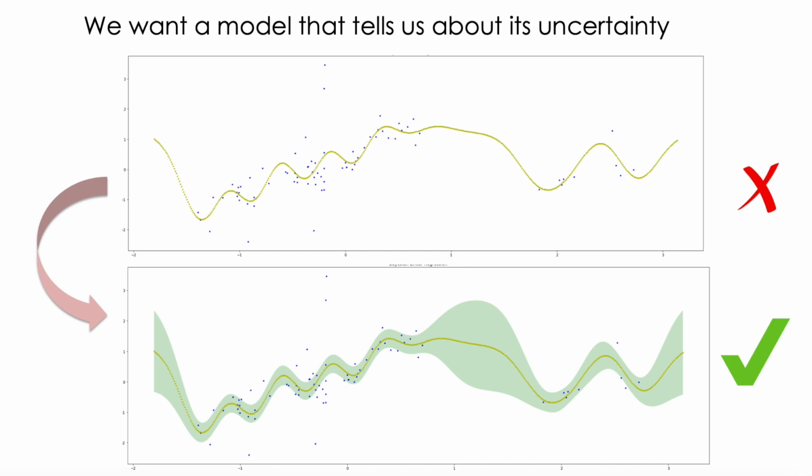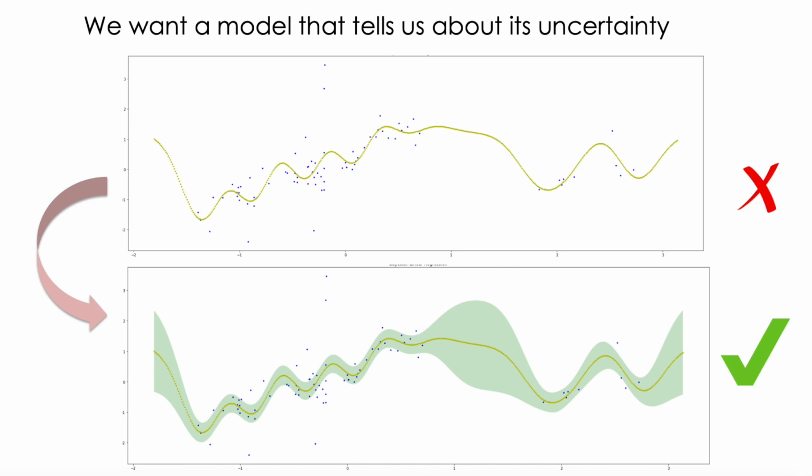What we really want is something like this, in which instead of just one model, we have a model that is passing us all the uncertainty, and we understand that there are areas in which uncertainty is bigger and we shouldn't directly believe what the model is saying. So in this figure, we can see that one thing is the yellow line that in the first case was just one model, but now the green areas are showing us how much uncertainty we have in that given area.